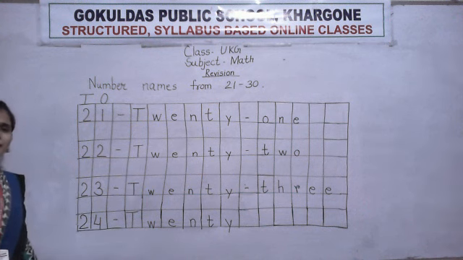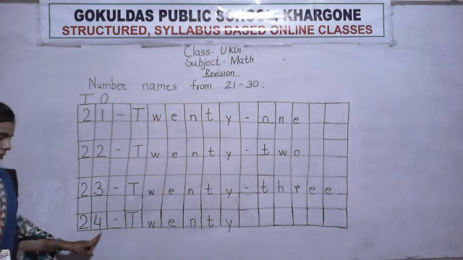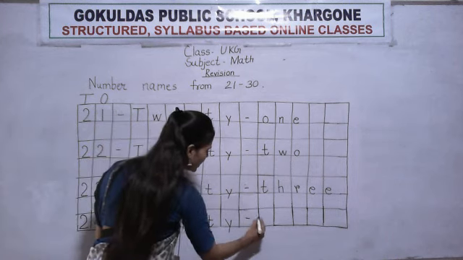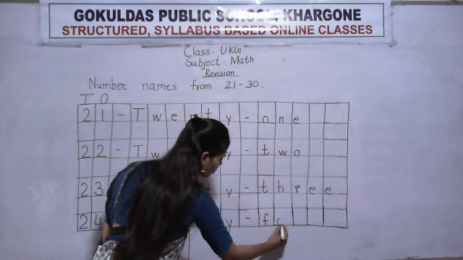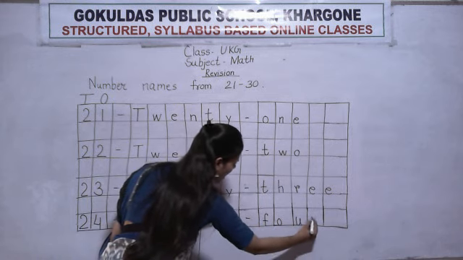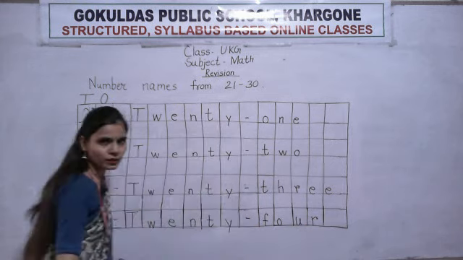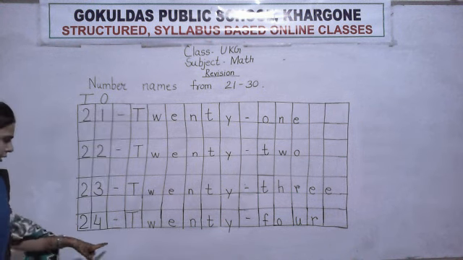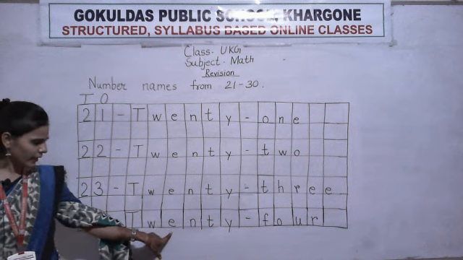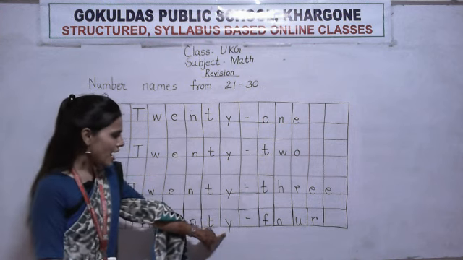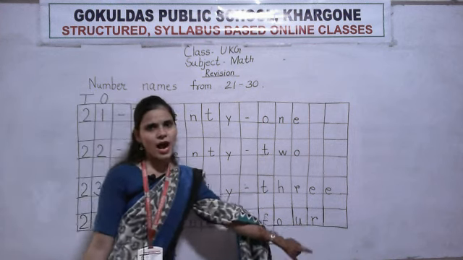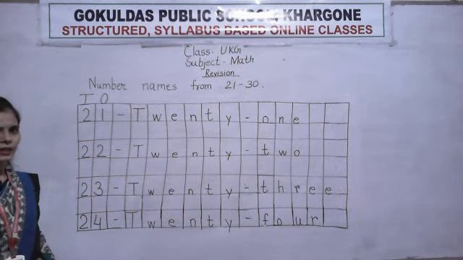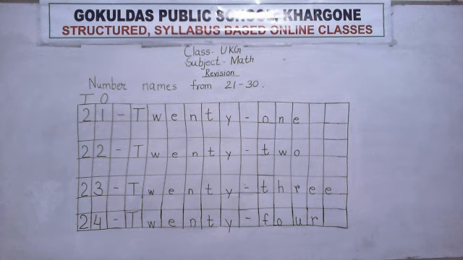Now which spelling do we add? Number 4. What is the spelling of 4? FOUR. So the spelling of 24 is TWENTYFOUR. All of you write down in your notebook.